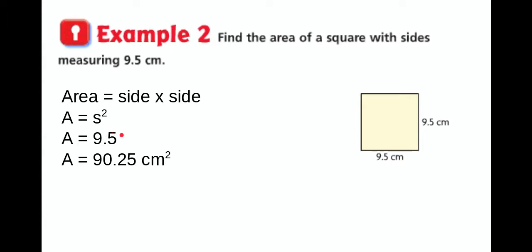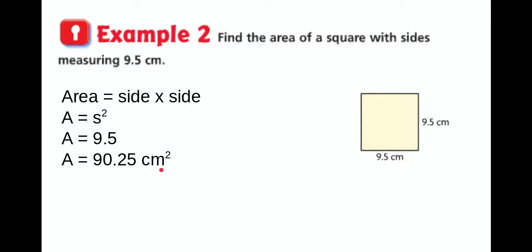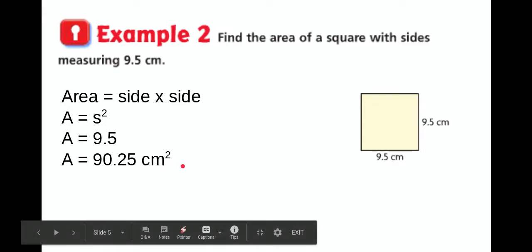And I think I forgot the little 2 that would belong right there. So on your calculator, type in 9.5 squared and hit equals, or simply do 9.5 times 9.5. They mean the same thing. That should give you 90.25 centimeters squared. Once again, it's an area answer, so your label needs to be centimeters squared with a little exponent 2.